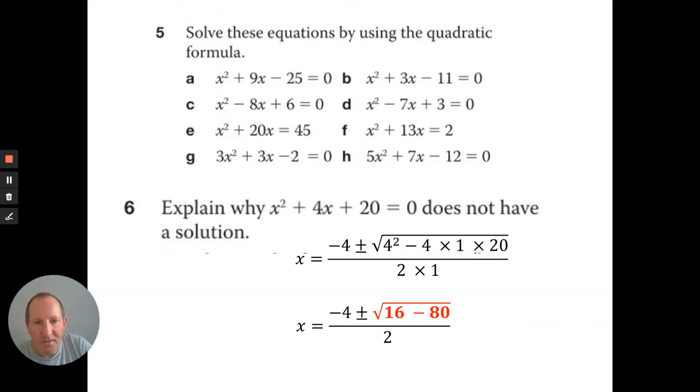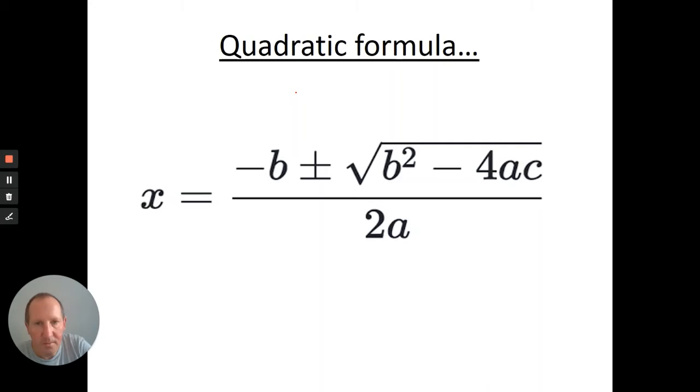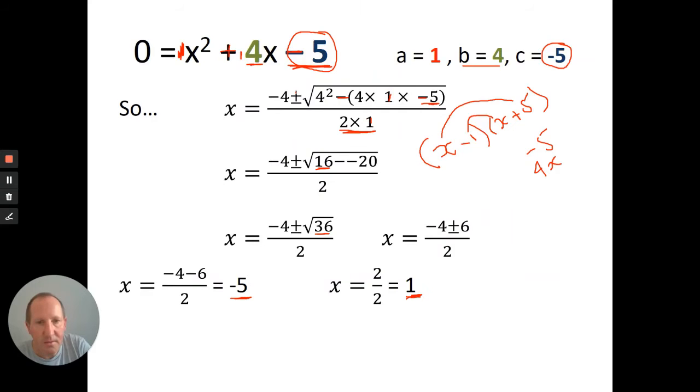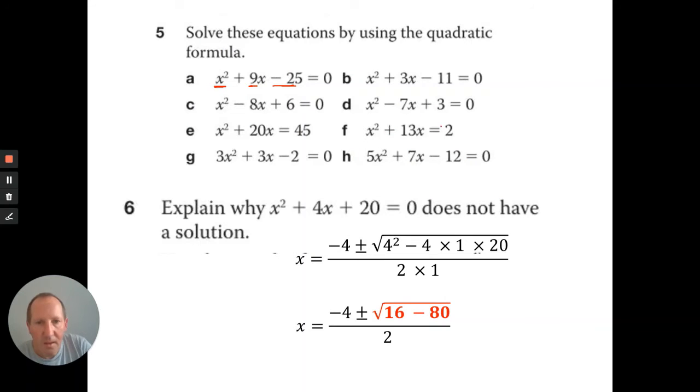We've got various questions here, and it's just going to be a case of looking at these and putting the numbers in. So in this one, the value of a is 1. In this one, the value of b is 9, and c is minus 25. So you just put those numbers into the formula, minus b plus or minus the square root, b squared minus 4ac all over 2a.